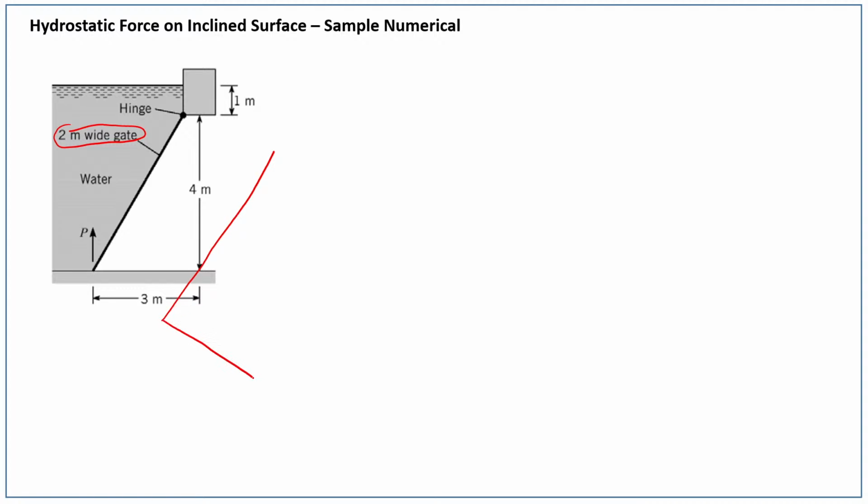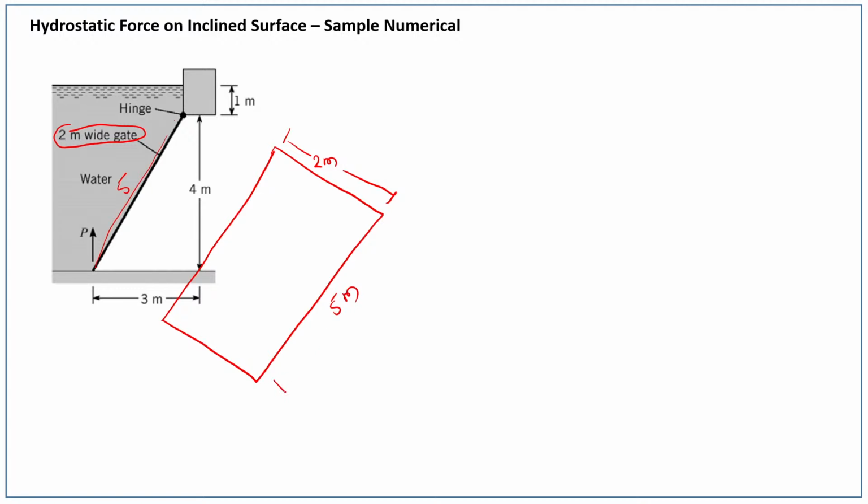This is my other view, and this distance is 2 meter. You can find out this dimension: since this one is 4 and this one is 3, this one will be 5, by using Pythagoras.